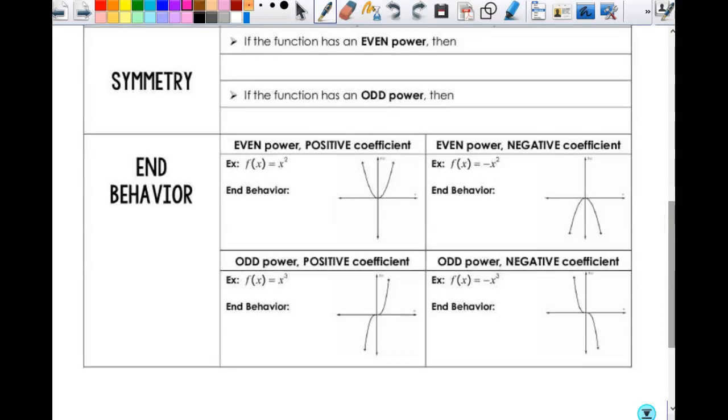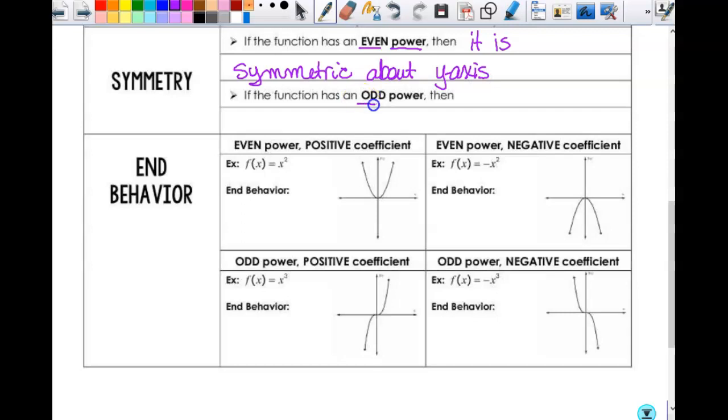So it says if the function has an even power, then it is symmetric about what? The y-axis. Good. Makes it an even function.